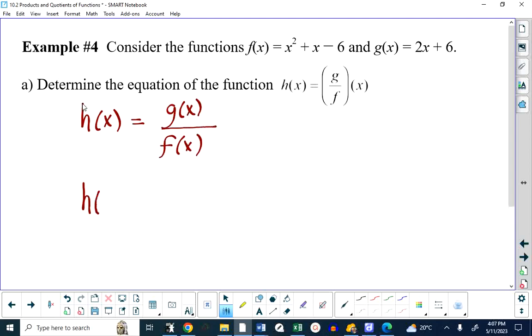That means h of x is equal to 2x plus 6 over x squared plus x minus 6. All I'm doing is writing what g of x is over what f of x is. There is an assumption here that when you are asked to write an equation of a function, you do it in simplified form.